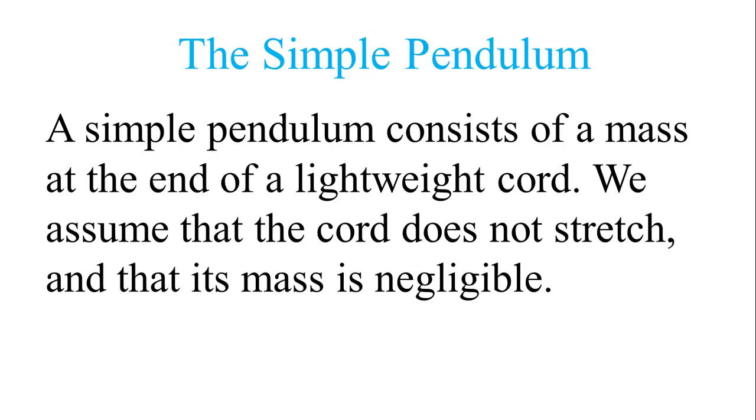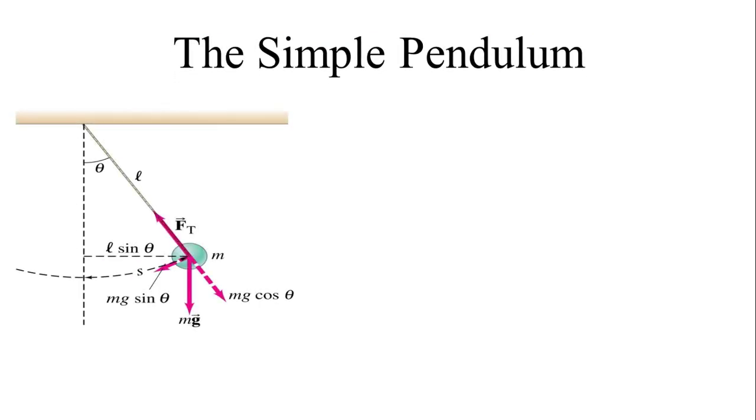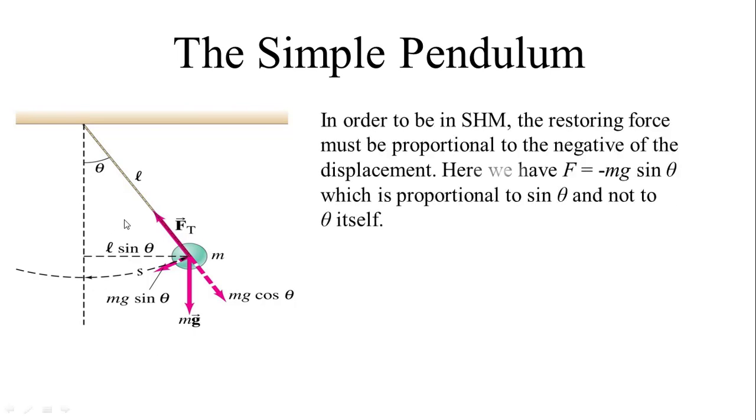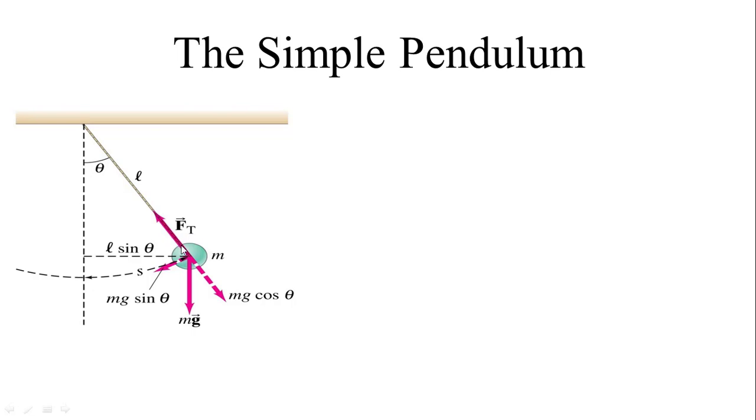So the mass of the string is negligible. In this diagram of the simple pendulum, L is the length of the pendulum, F is the force or tension along the length, and mg cos theta is the weight's component along the vertical. These cancel out each other and the net is 0.